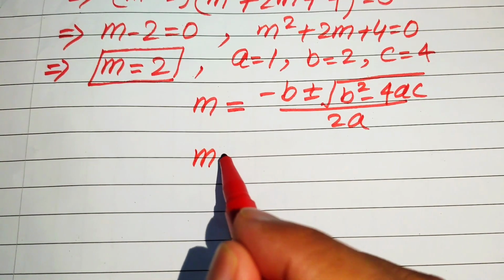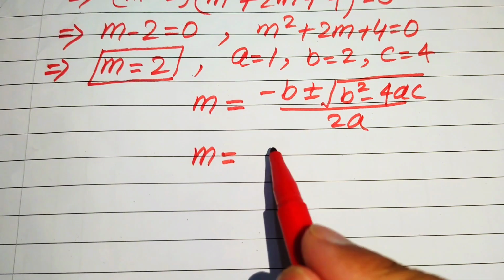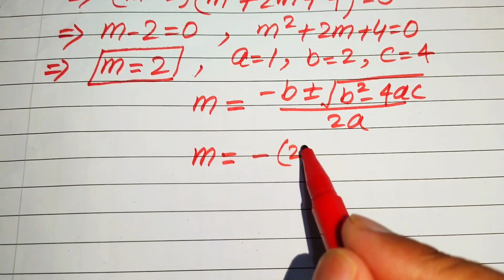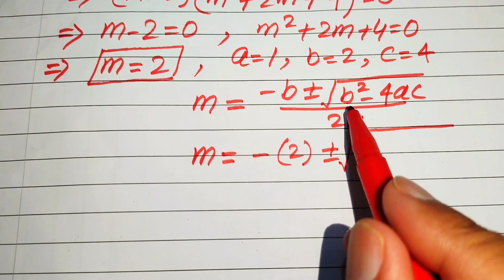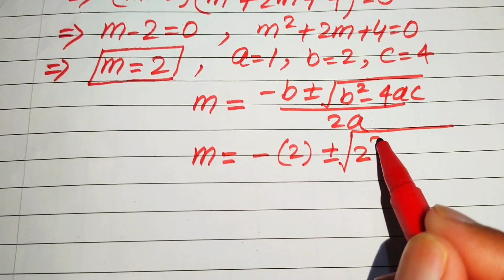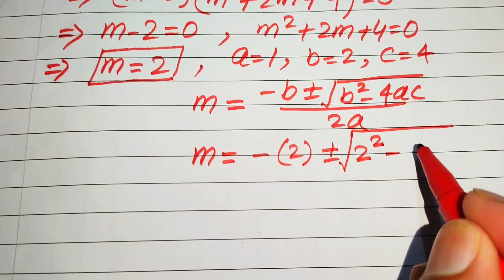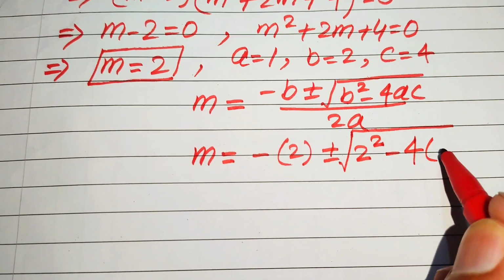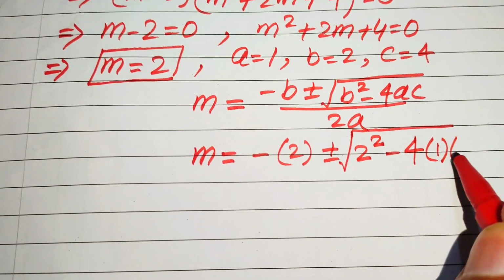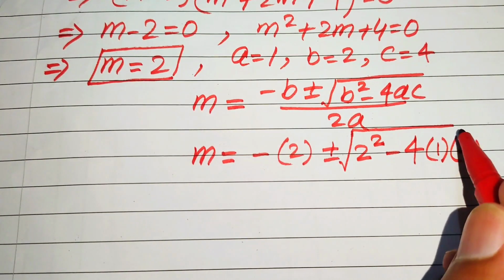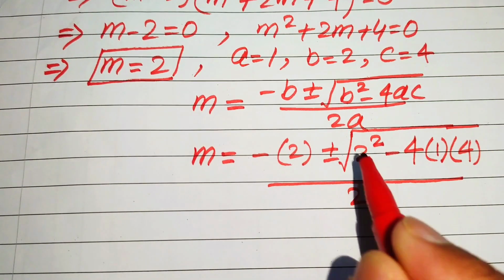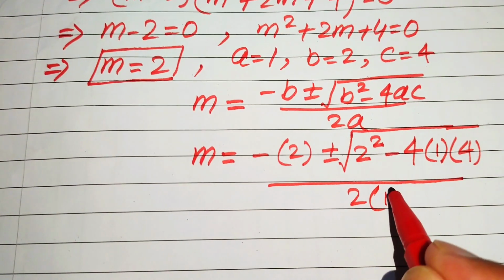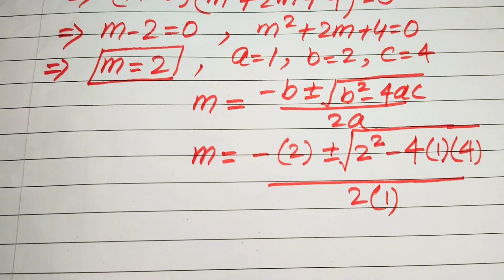This is minus b, and the value of b is 2, plus minus square root of b square, so b is 2, it becomes 2 square minus 4 times ac, where the value of a is 1 and the value of c is 4, and this whole divided by 2 times a, and our a equals 1.